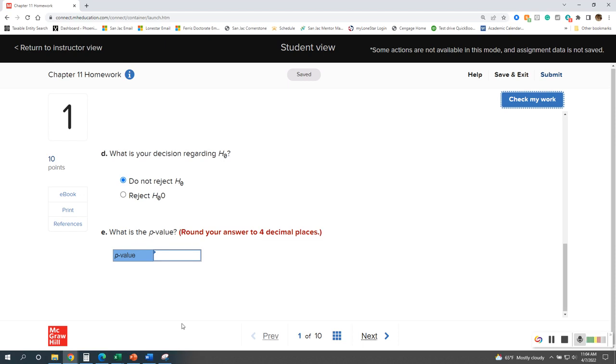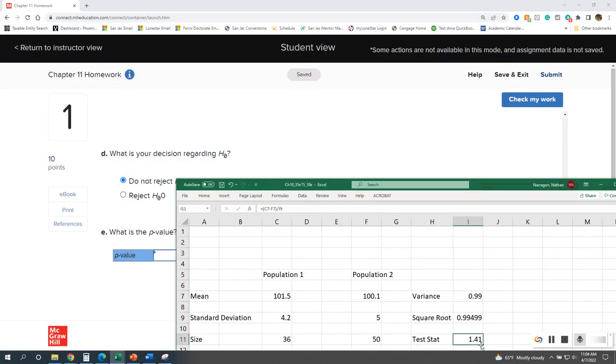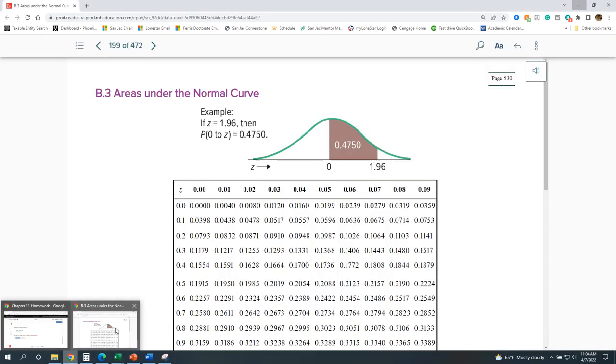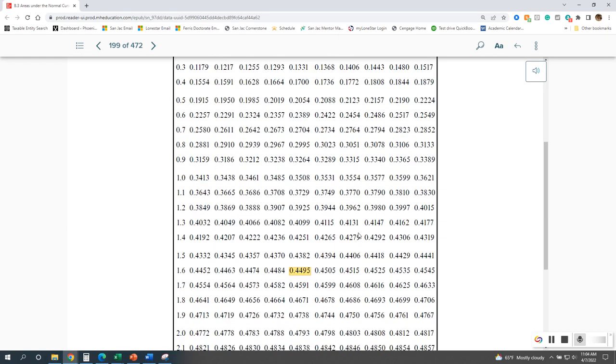Now, it asks, what is the p-value? This means we need a chart. So, we do know that we are dealing with this test stat of 1.41. Okay, fine. Let's go find it on the chart. Looking on the chart. Okay.